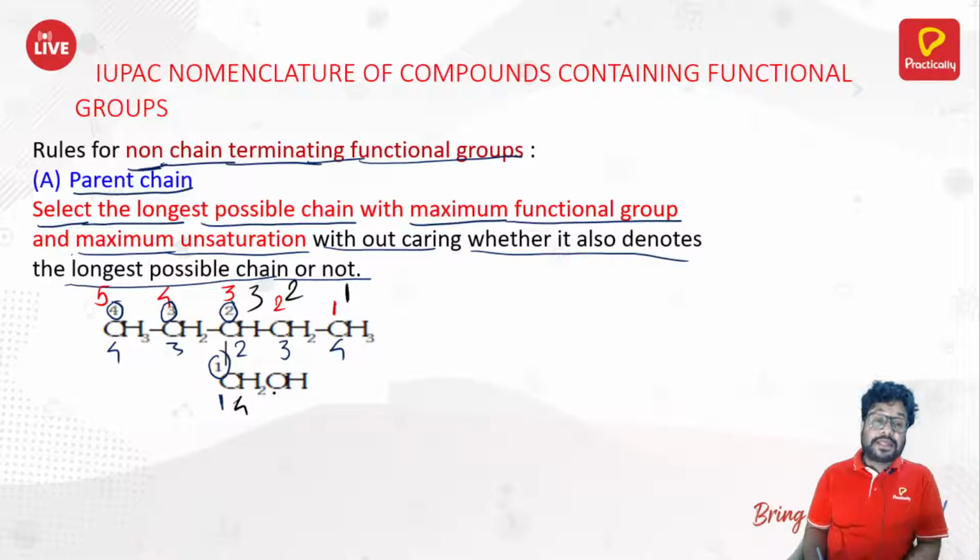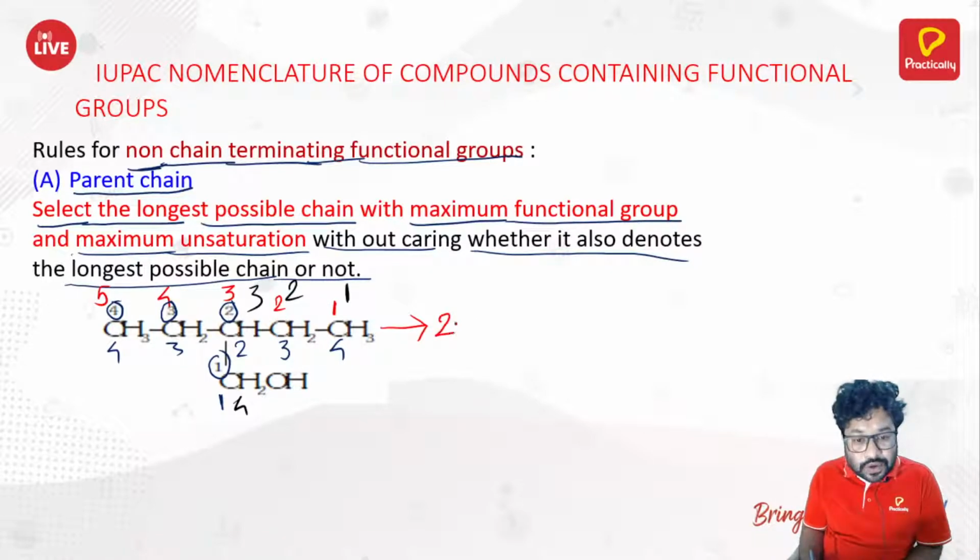As far as IUPAC rules are concerned, your functional group should get as low a number as possible. So the correct name is where you start counting from the first carbon, where the OH group is attached: 1, 2, 3, 4. At the second position, what is attached? Ethyl.